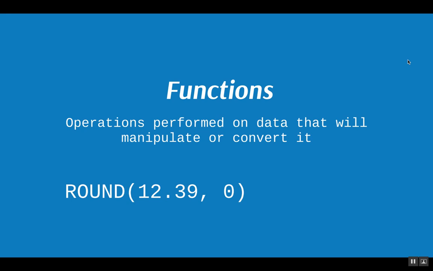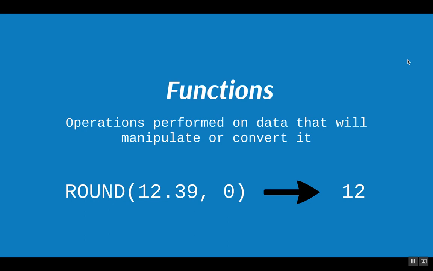It takes two parameters in the parenthesis following the function name. Each parameter is separated by a comma. In this function, the first parameter is the data to be manipulated, the 12.39, and then another parameter that specifies 0 decimal places. Then the result of the converted data using the round function would be 12.